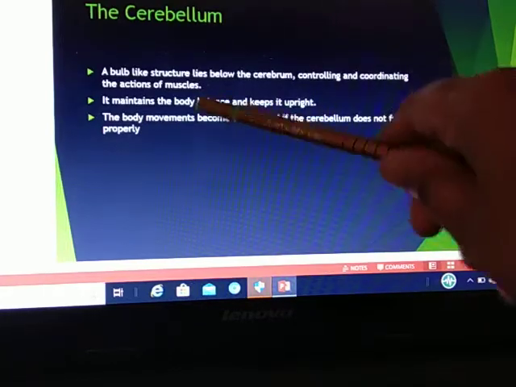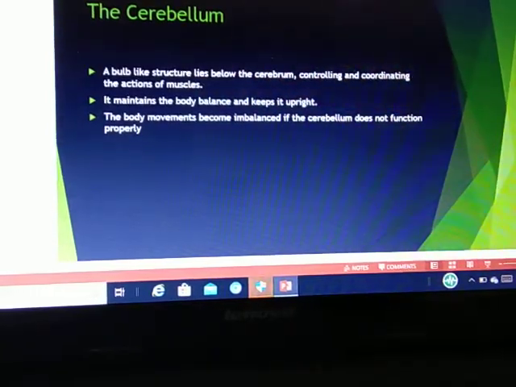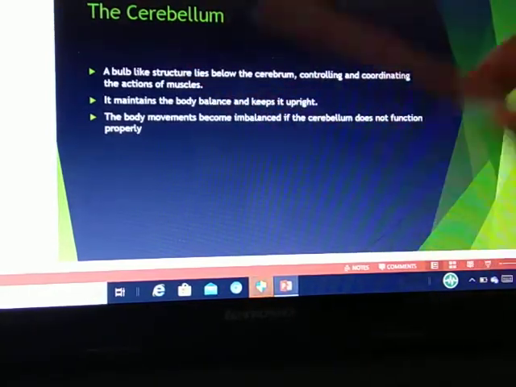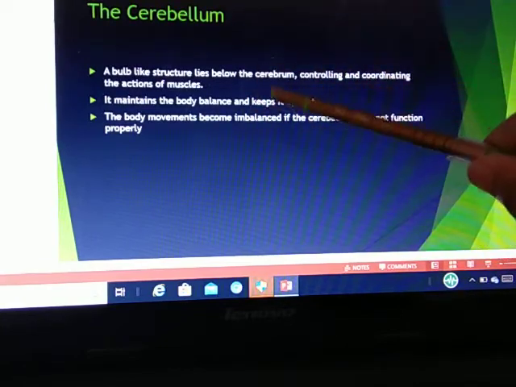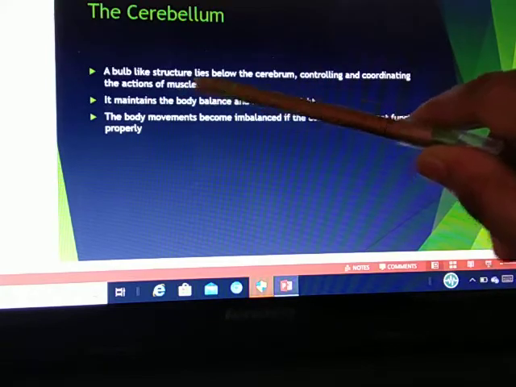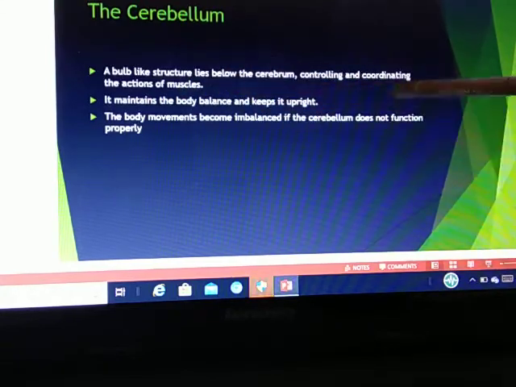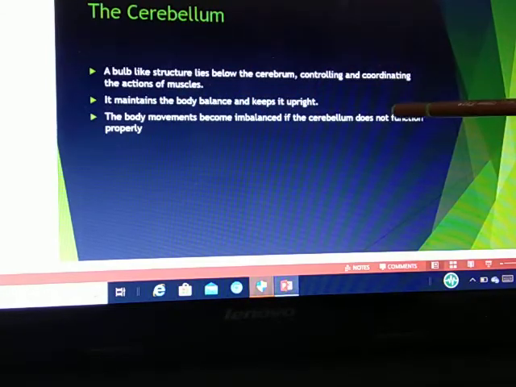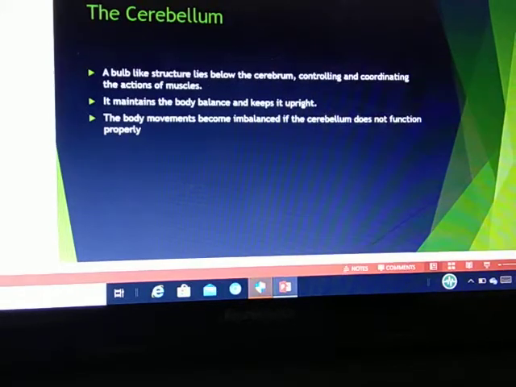The structure of the cerebellum is bulb-like. It lies below the cerebrum, controlling and coordinating the action of muscles. This is very important. In the previous chapter we studied that if one set of muscles is in contraction, the other should be in relaxation.